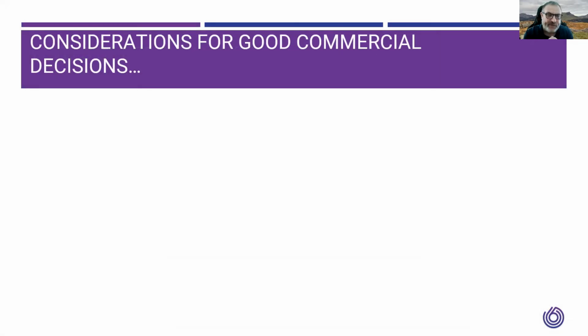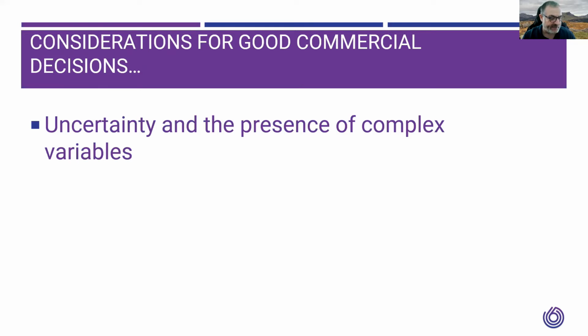There are things that have to be considered in decision making, particularly in a business context. And the first one is the fact that we are always in the presence of uncertainty and in the presence of complex variables, many of which the company doesn't control. So this means fundamentally there's an assumption that has to be embedded into every commercial decision.